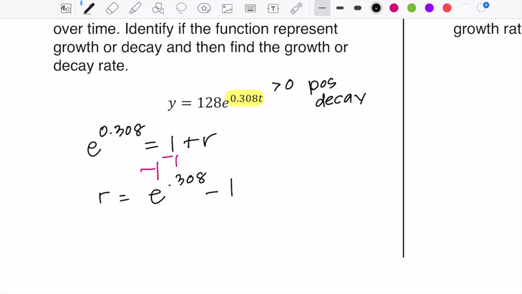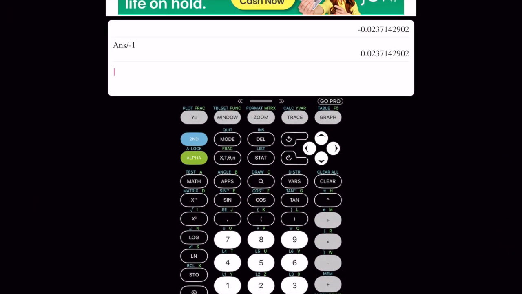So then from there, we're going to plug that into the calculator. The e button is right next to the number 4. You just have to hit second first. And that one was 0.308. And then we're going to get out of the exponent and hit minus 1. Do 5 decimals on these growth rate ones just because that will give us 3 numbers after the decimal place.